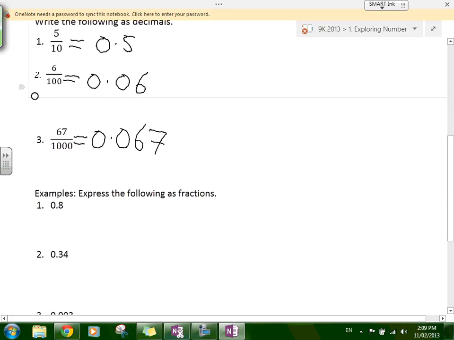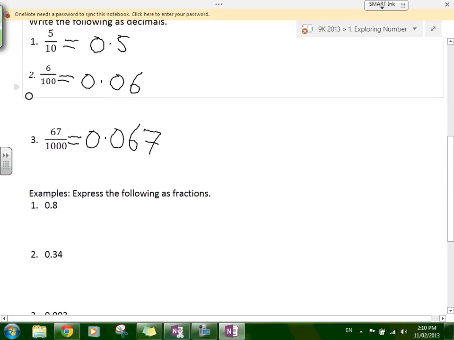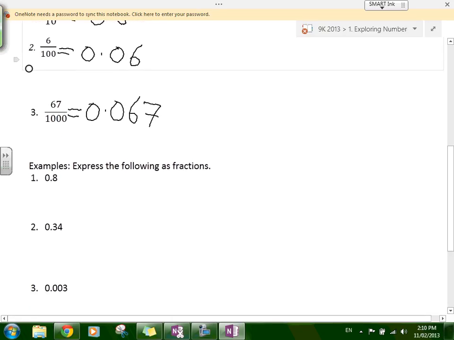And so we can also express decimals as fractions. For 0.8, the 8 is in the tenths column, so there are 8 tenths. I can put 8 over 10, and if I simplify that by dividing top and bottom by 2, that's 4 over 5. For 0.34, there are 3 in the tenths and 4 in the hundredths, so it's 34 over 100.